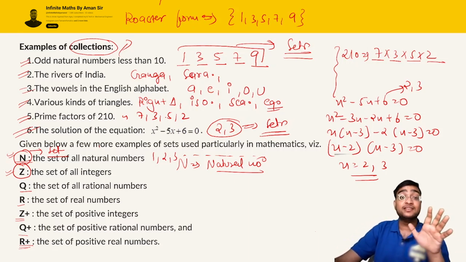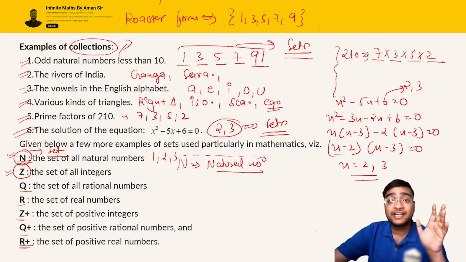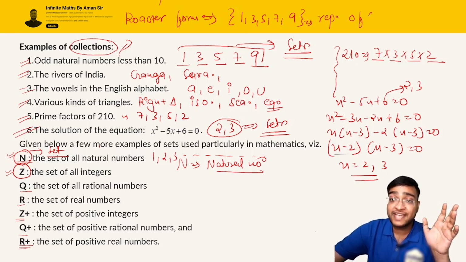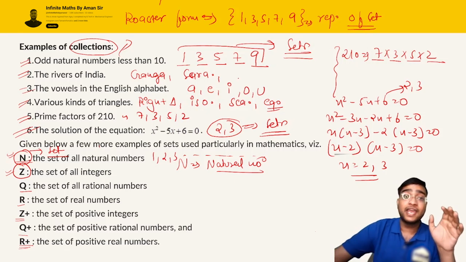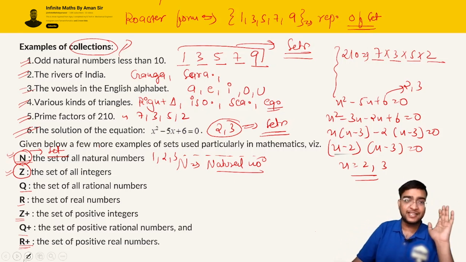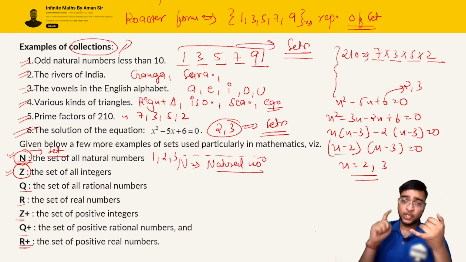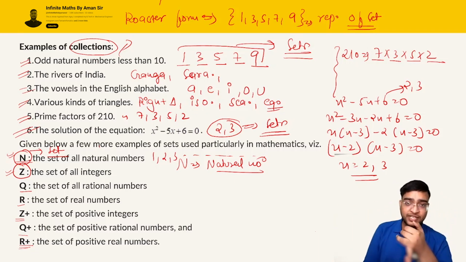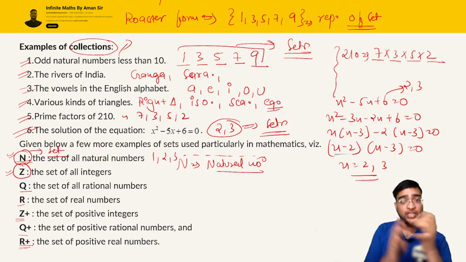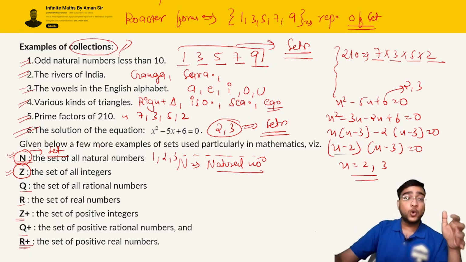This is the representation of sets in roster form. That is very simple, guys. Again, in roster form you give all the objects which belong to that set, separated by commas and enclosed in curly braces.